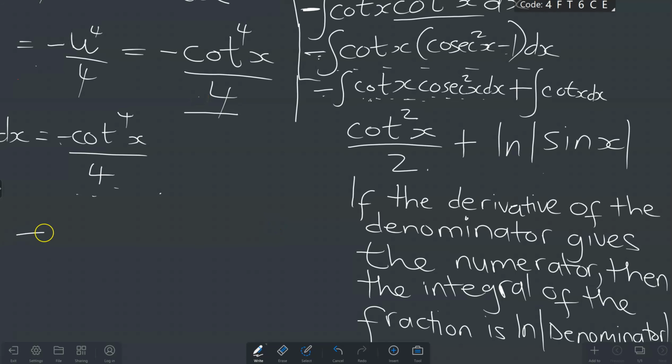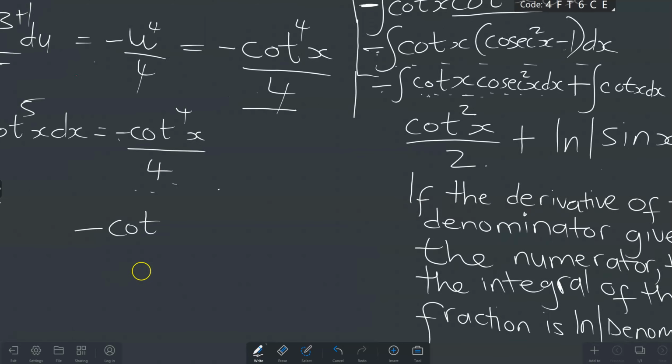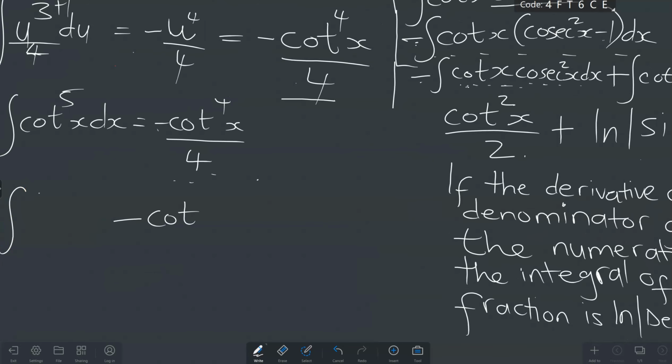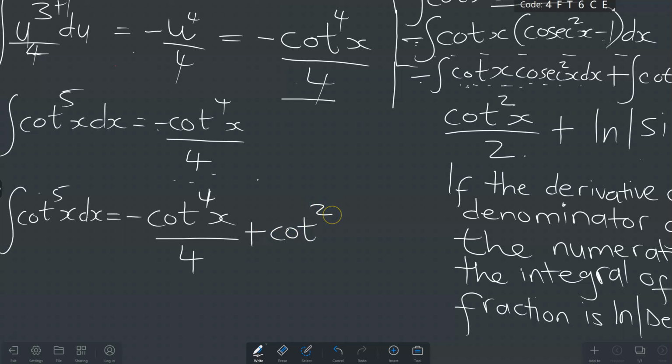So the integral of cot to the power 5 of x dx gives us minus cot to the power 4 of x over 4 plus cot squared of x over 2 plus ln of sine x.